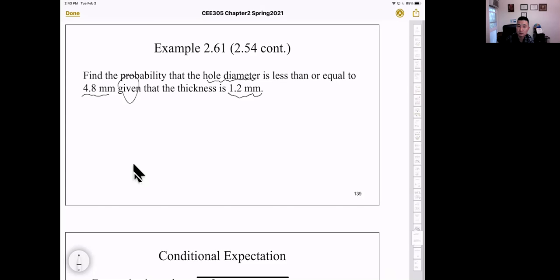So first of all, let's find out F_X(x), the marginal probability density function, which we get from the previous slides. Let me just write it down.